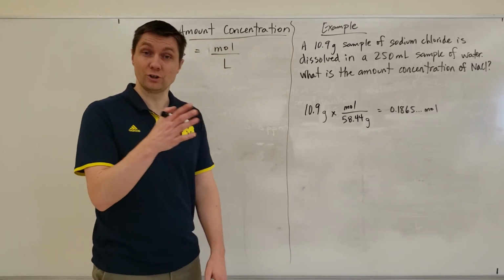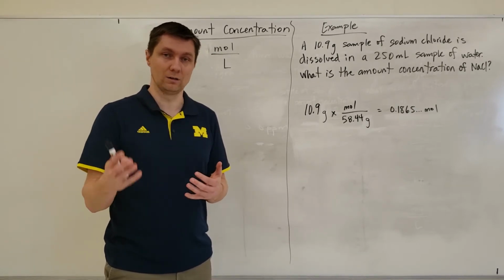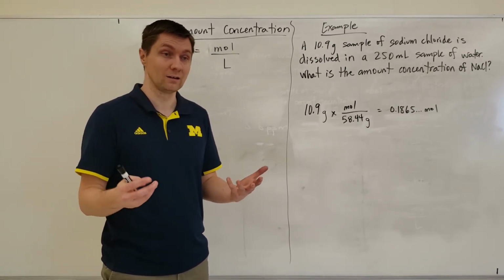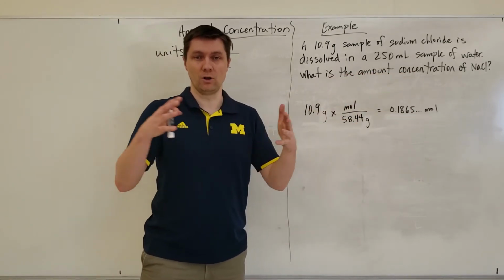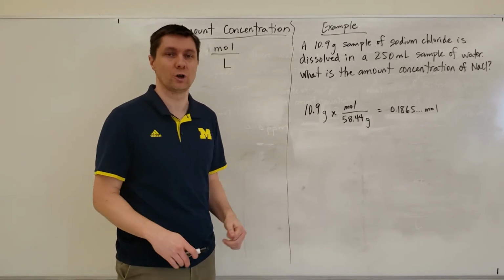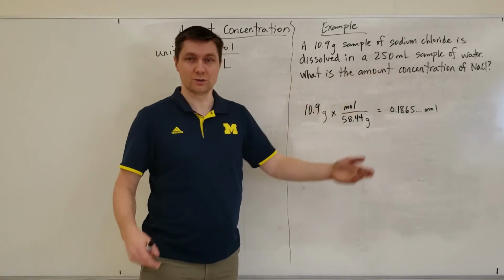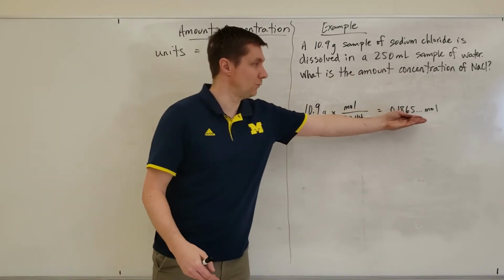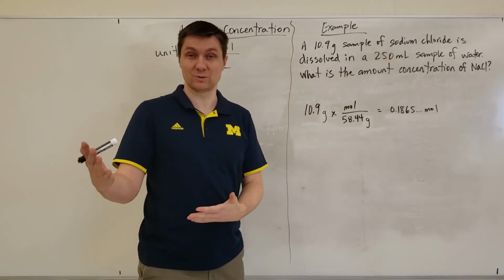And you want to make sure that you leave that big long number in your calculator. Don't round answers in the middle of your calculations. We're not done yet. And so it's important that before you get to your answer that you keep all the long numbers in your calculator so you're not rounding rounded numbers. That's not a good practice to have. And now it's asking for amount concentration, which is moles per liter. Well, I've got moles now. So now I just have to take my volume, make sure it's expressed in liters.